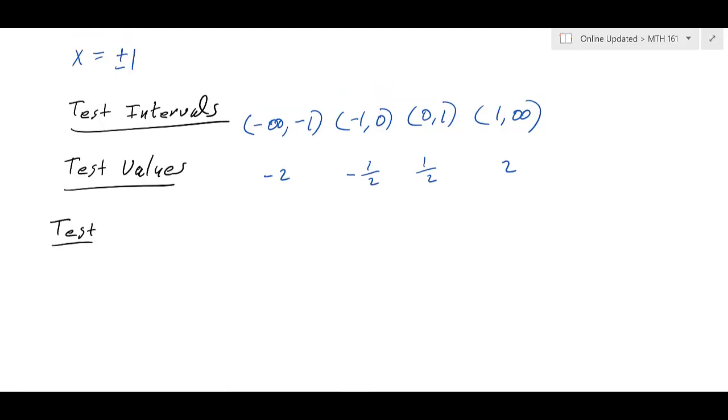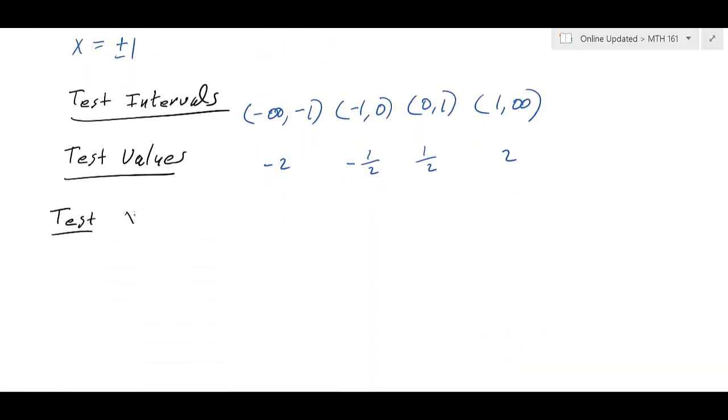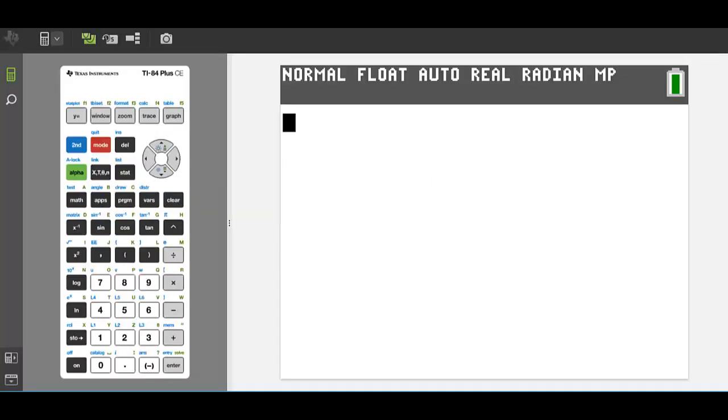So we want to plug these into x squared minus 1 over x. What happens when we plug these in? Again, I'm going to use the calculator.